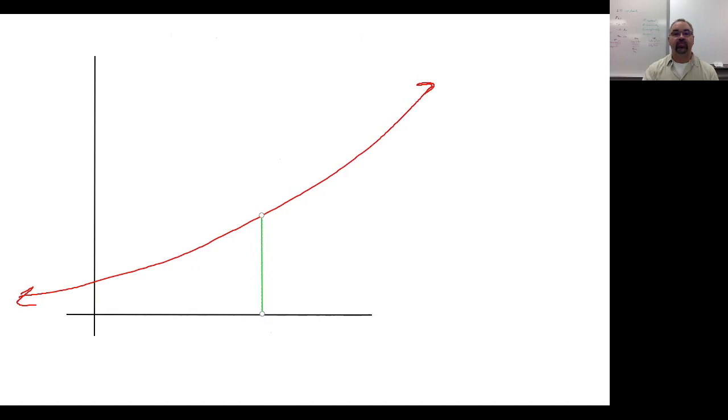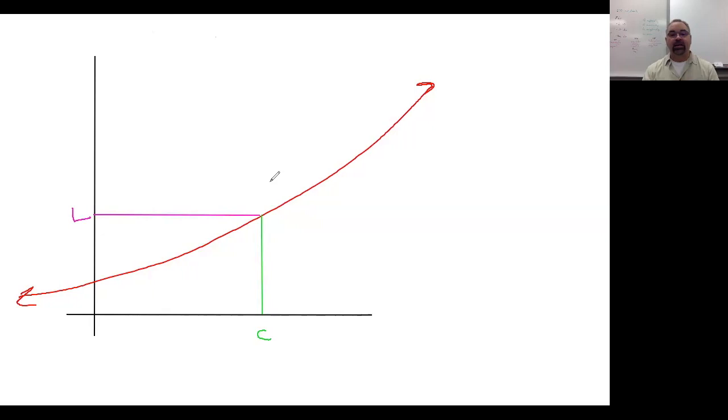There's C. Then obviously over here, I want a straight line. This is what L is going to be.